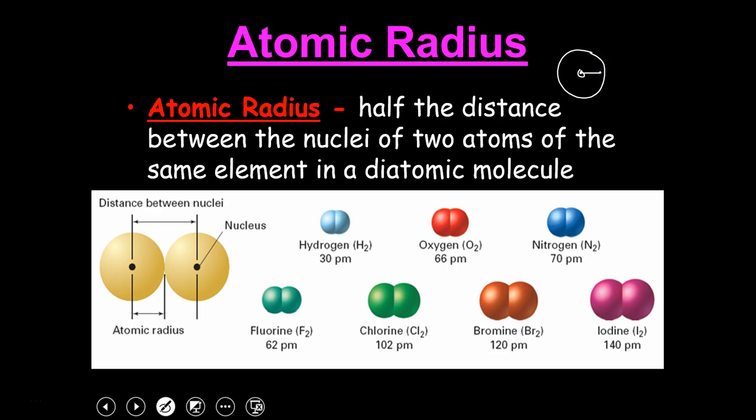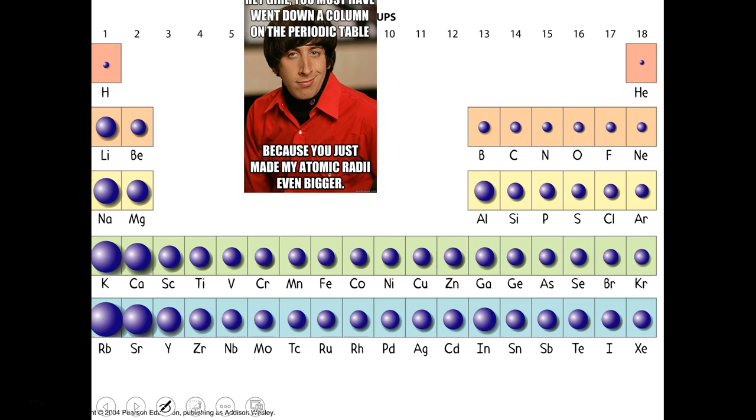Now they calculate it by using the diatomic molecule of it, but radius, how big is that atom? So the first trend we see is basically the size. As you go down the periodic table, you should notice it gets bigger.